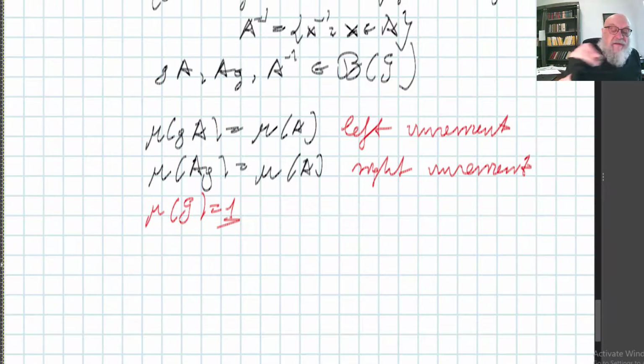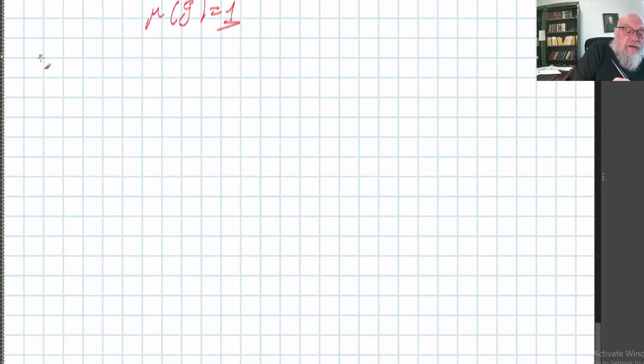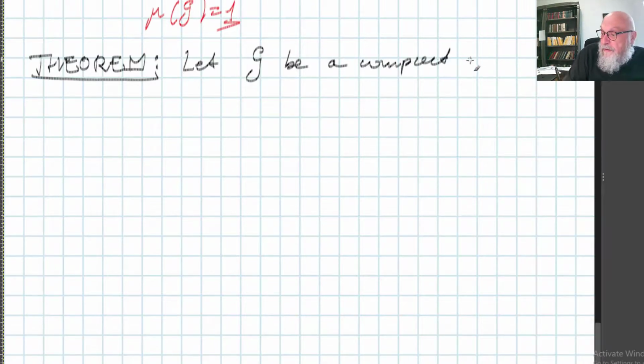Haar measure. Since this is important information for us, let us formulate it as a theorem. Let G be a compact Lie group.